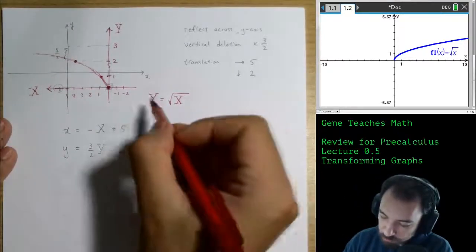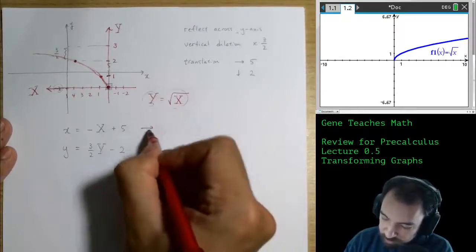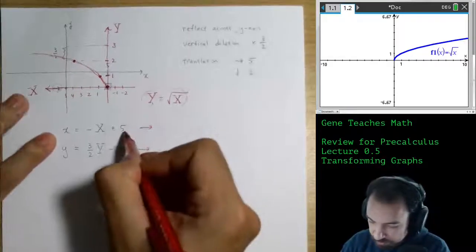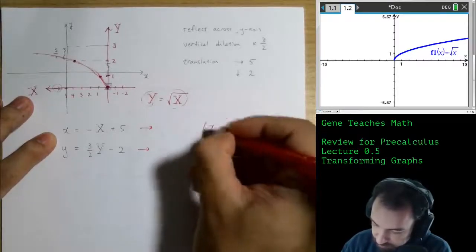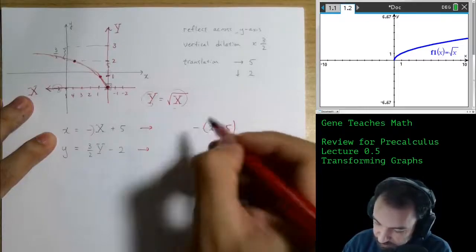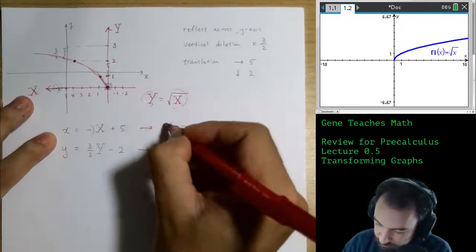Now, in order to make substitutions, I require myself to solve. So I would subtract 5: lowercase x minus 5, and then divide by the -1 to get capital X isolated.